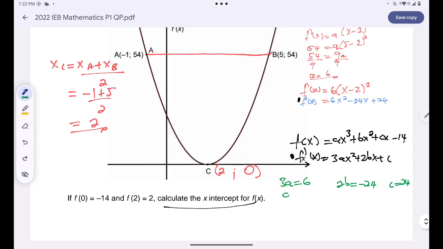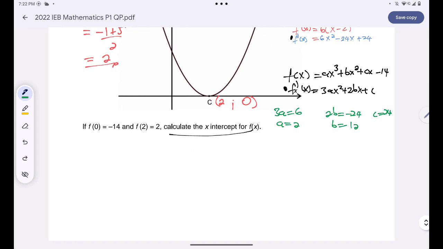So therefore a will be 2, b will be negative 12, and c is 24. So my equation for f of x is equal to 2x cubed minus 12x squared plus 24x minus 14.